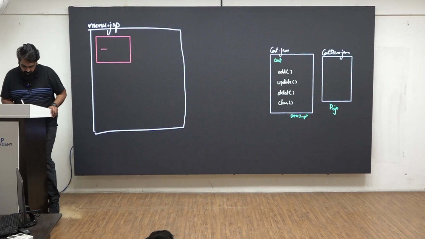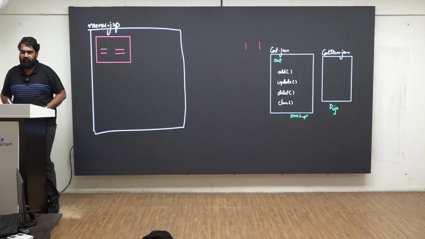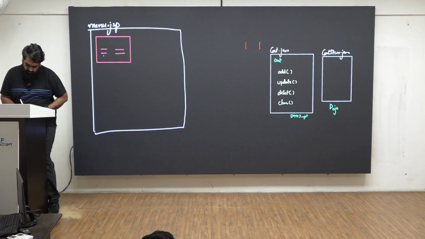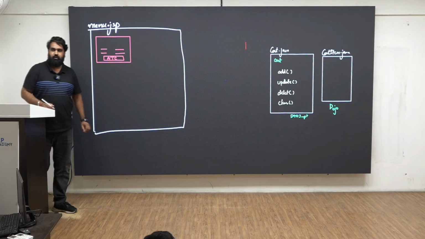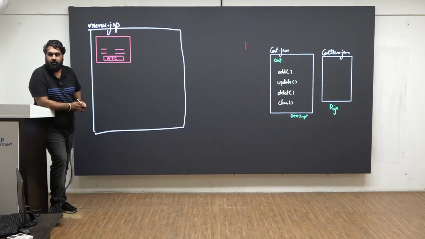Name of the item, price of the item, ratings, other information I was able to display. Then this item had a button called add to cart.